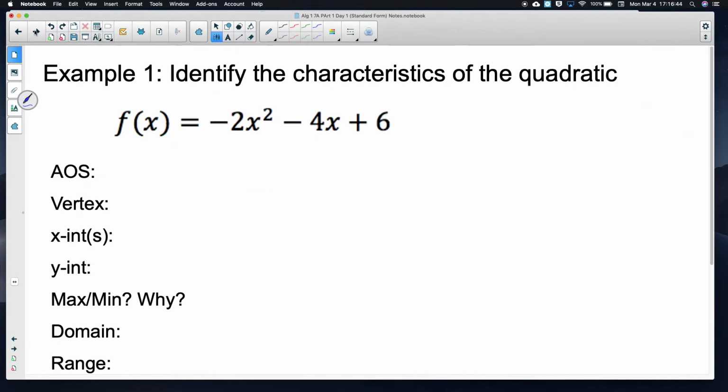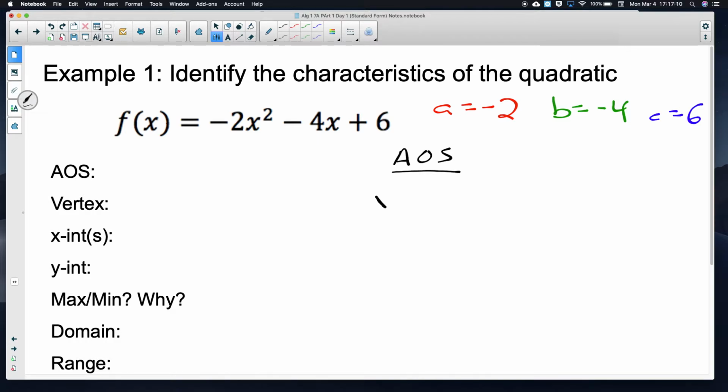So, let's get into an example. Identify the key characteristics of this quadratic. What I want to do with these problems is always list my a value, my b value, and my c value. Once we've got the a, b, and c, let's find our axis of symmetry.